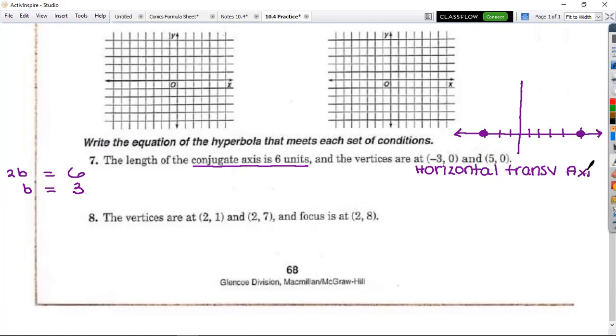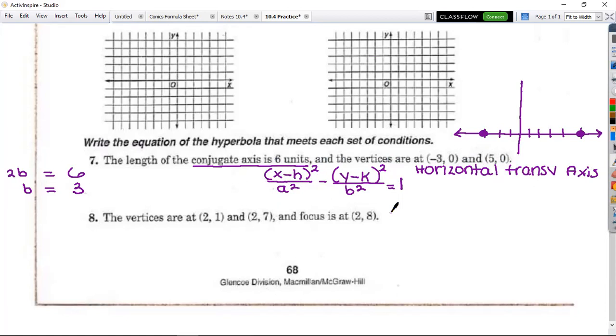So your formula, same as before: x minus h squared over a squared minus y minus k squared over b squared equals 1. We already have the b value. You need the center and you need the a.